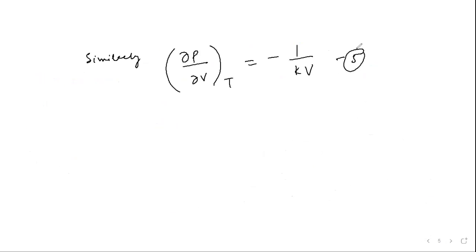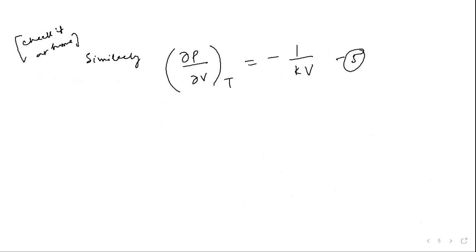So I am claiming that similarly dou P by dou V at constant T is minus 1 by K V, where K is the isothermal compressibility.